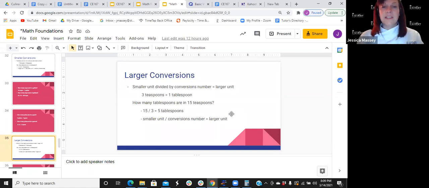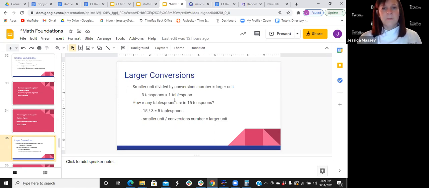Kind of going with the same idea, if you want to get a larger unit in a conversion, and this is just basic math principles, you would end up dividing. So same idea, we know there's 3 teaspoons in 1 tablespoon. And this is the same question, just asked reversely. So it's asking how many of a larger unit are in a smaller unit.